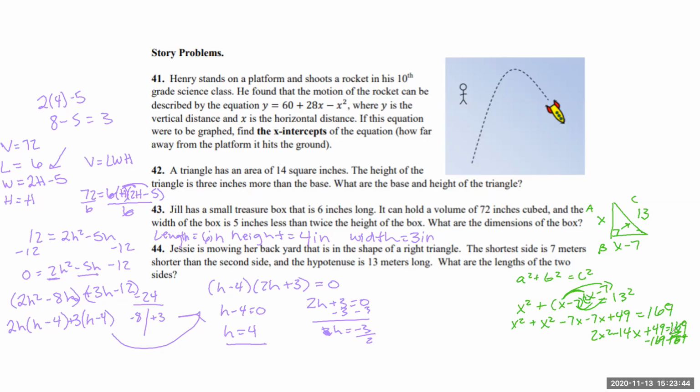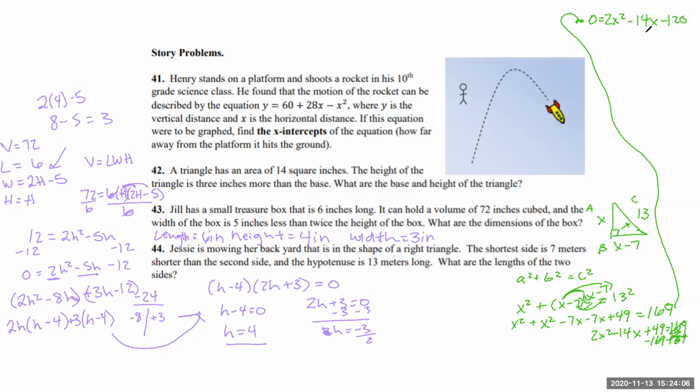So that makes that side 0. So 49 minus 169 is going to give us negative 120. So I'm actually going to bring it all up here. But when we do that, we have 0 equals 2x squared minus 14x minus 120.